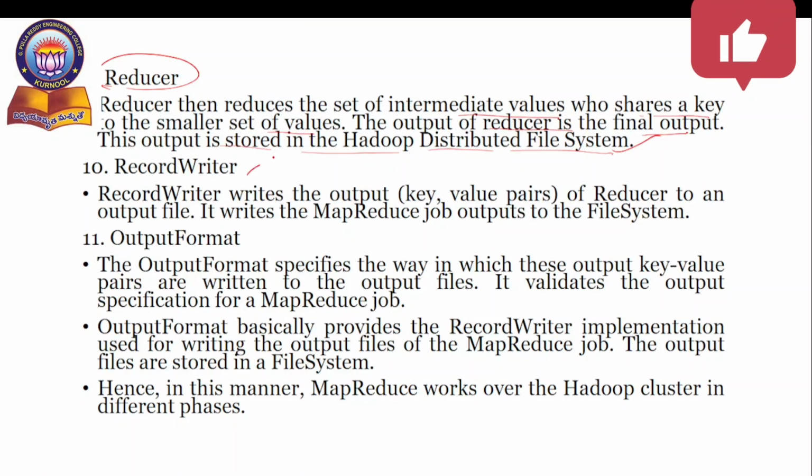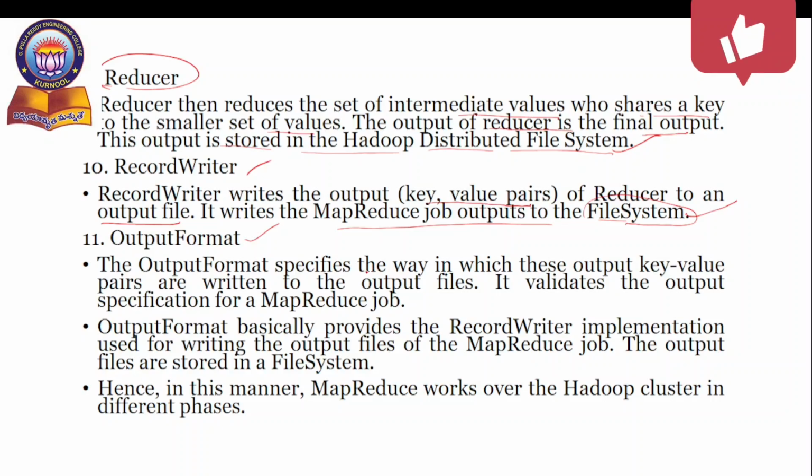Now the next thing is the record writer. Record writer writes the output, which is in the form of key comma value pairs from the reducer, to an output file. It writes the MapReduce job outputs to the file system. This is where exactly the user can see their output, and it depends on the output format.